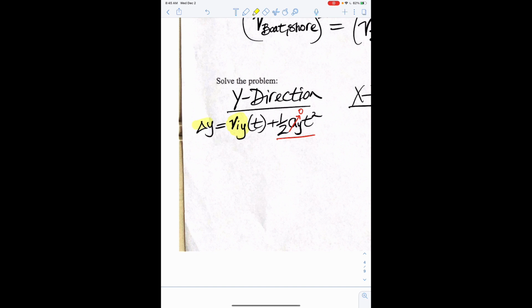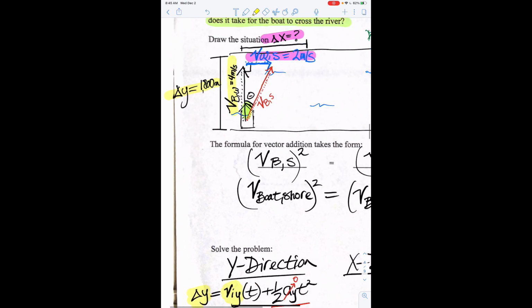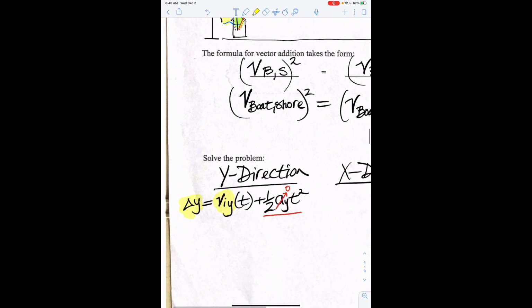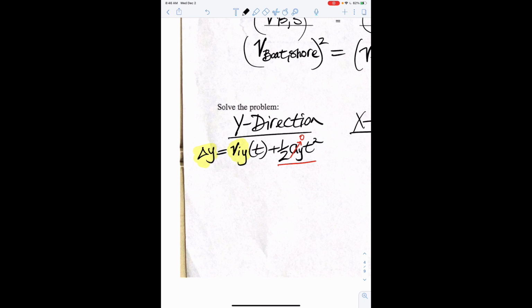And we know how far it takes to go straight across the river, right, at this 4 meters per second. It is 1,800. So what I'm saying is by working in this direction, we really have our old formula, which is speed equals distance over time.